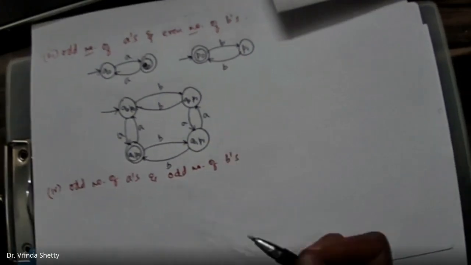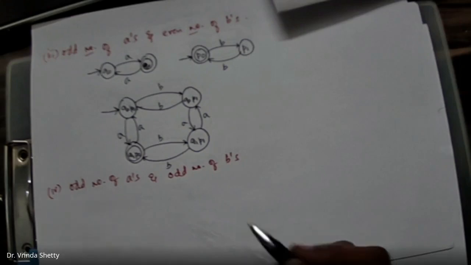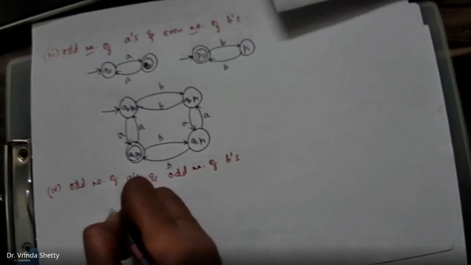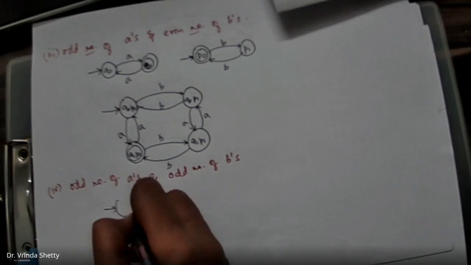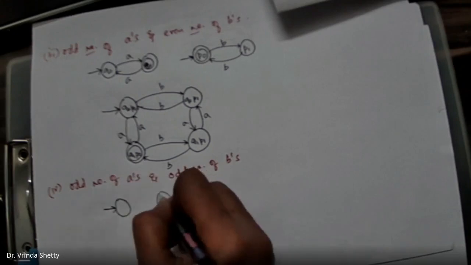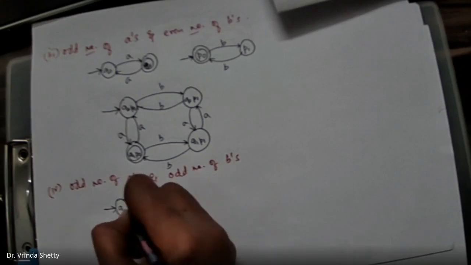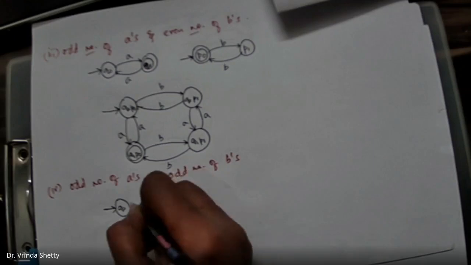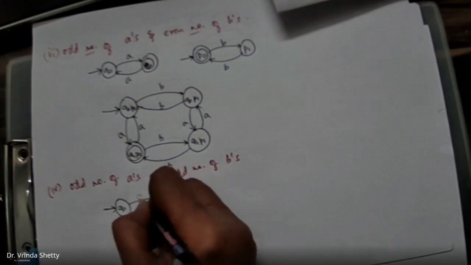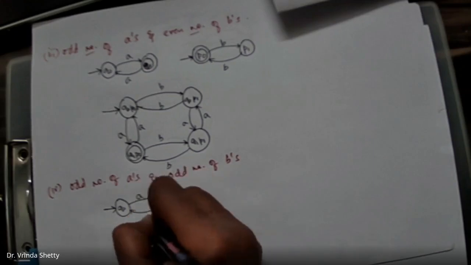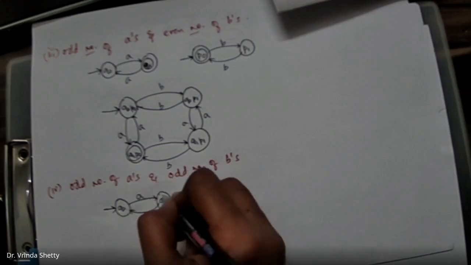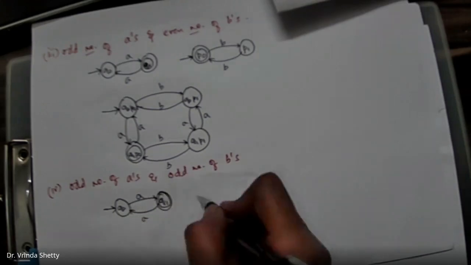Similar to that, construct two different machines which accept the odd number of A's and the odd number of B's. Odd number of A's: this is Q naught, Q1, 1A, 2A. So 1A is an odd number of A's. Make this a final state.